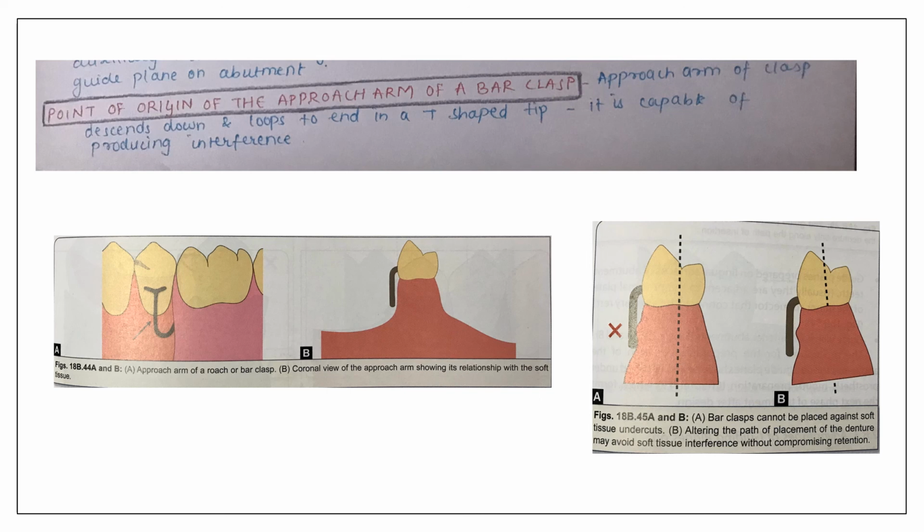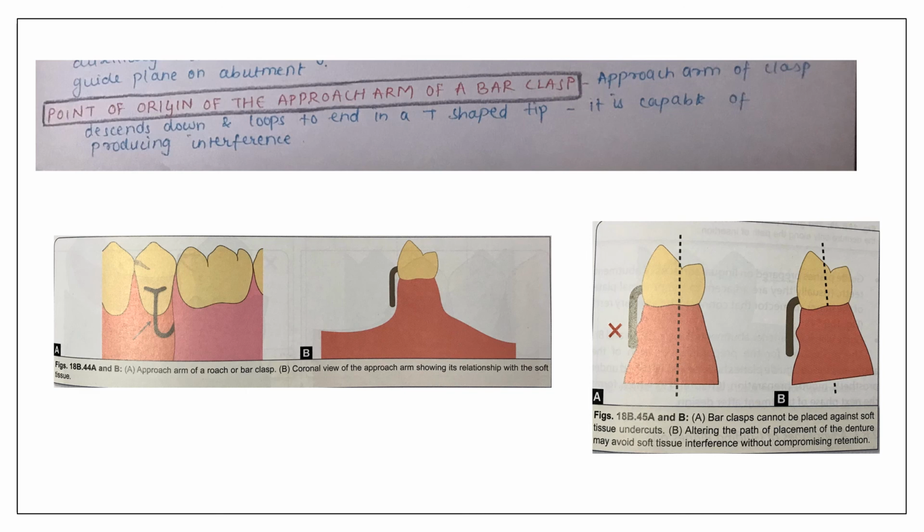And because of this looping, it is capable of producing interference. Actually, the bar clasp should be designed to produce least resistance according to the path of insertion. But in some cases, the approach arm cannot be modified. So what we can do is alter the path of insertion in such cases.